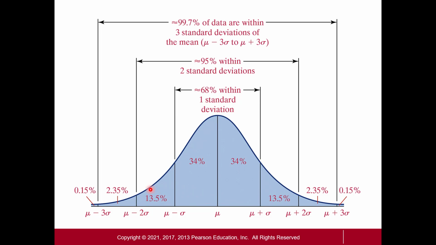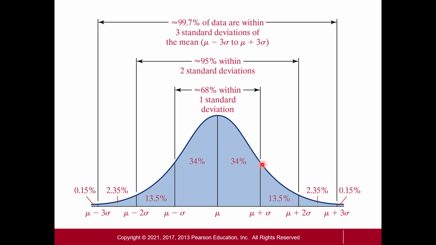Okay, and so there's percentages corresponding to this. So if we just focus on the left, or less than the mean, for one standard deviation, that's about 34% of the data. And then 2 standard deviations, that's about 13.5 more percent of the data.